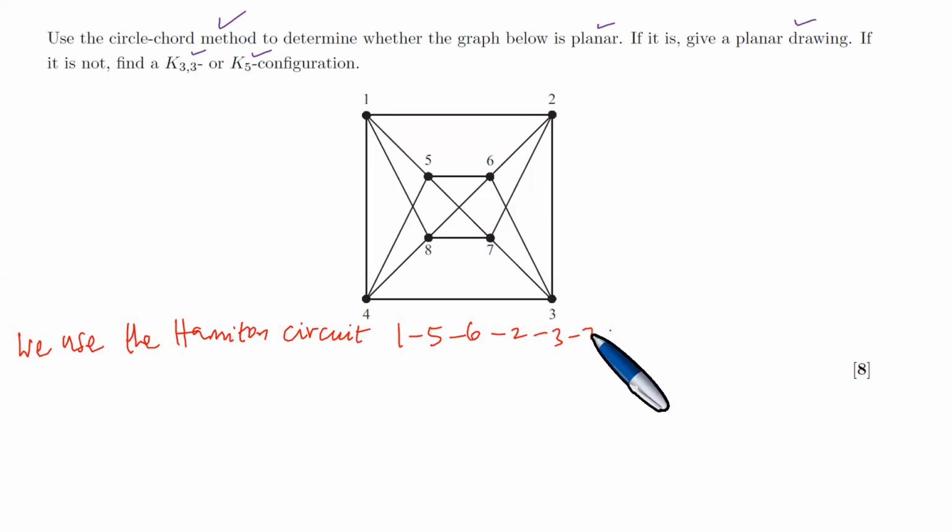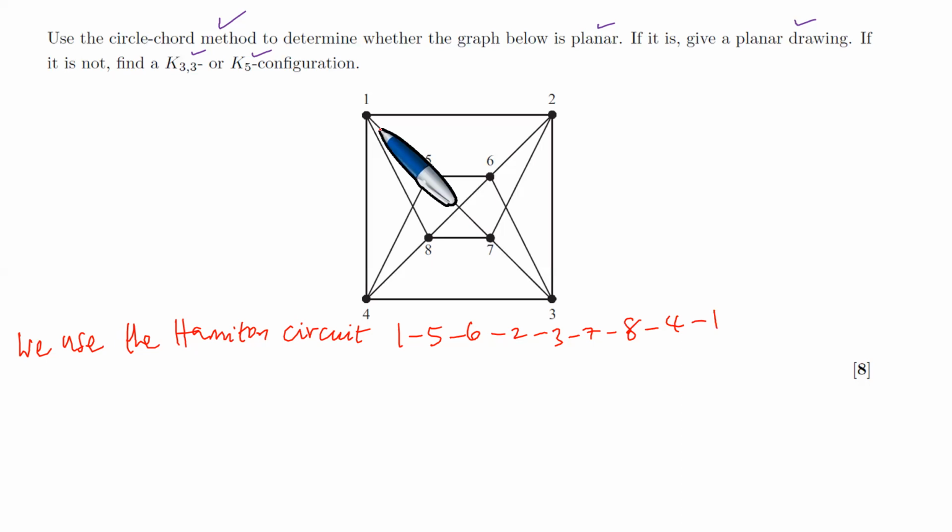We're going to use the Hamilton second 1, 5, 6, 2, 3, 7, 8, 4, 1. Okay, let's start: 1, 5, 6, then 2, then 3, then 7, then 8, then 4, then 1.